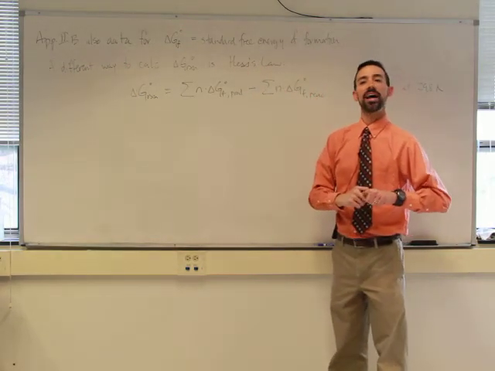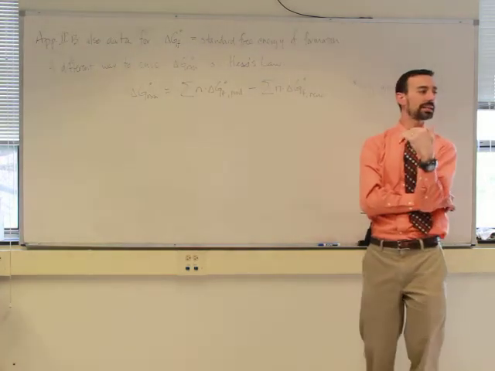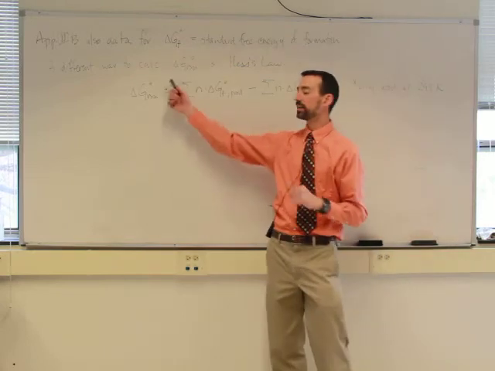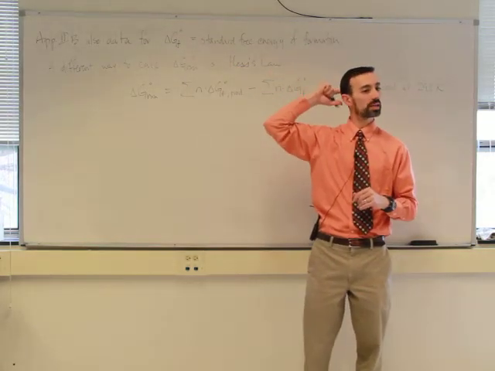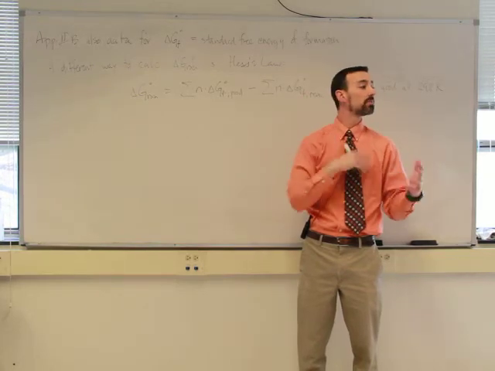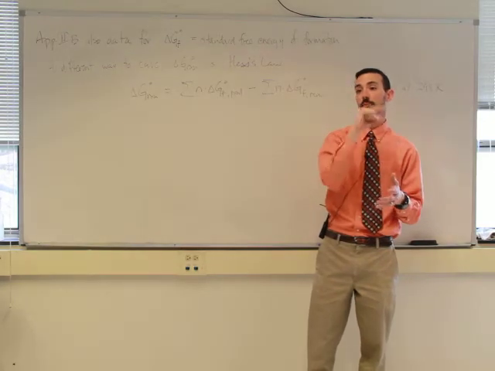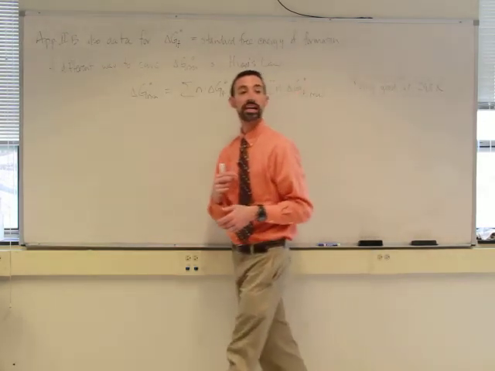Whereas the other ones, the delta H and the delta S, while technically you're calculating them at standard, those don't change much with temperature. But free energy changes dramatically with temperature because of the entropy component changing, because of how many times we're paying that entropy tax or getting it back.